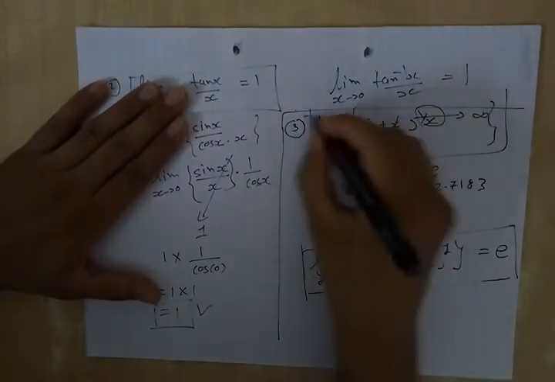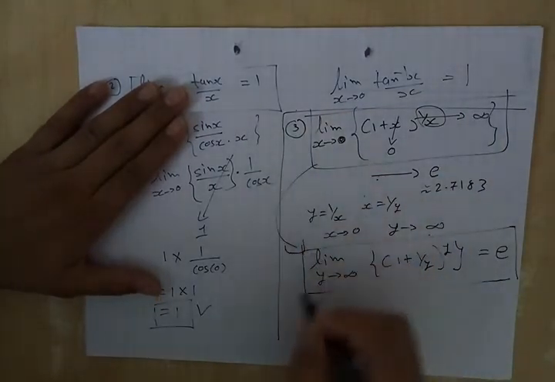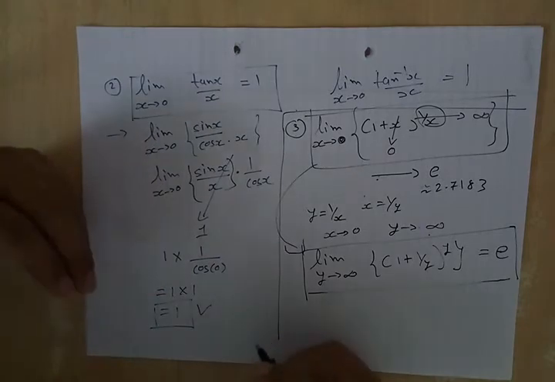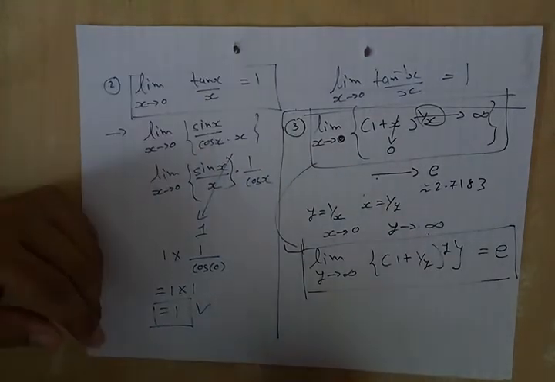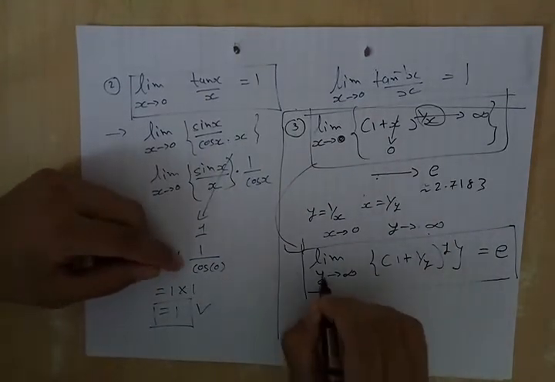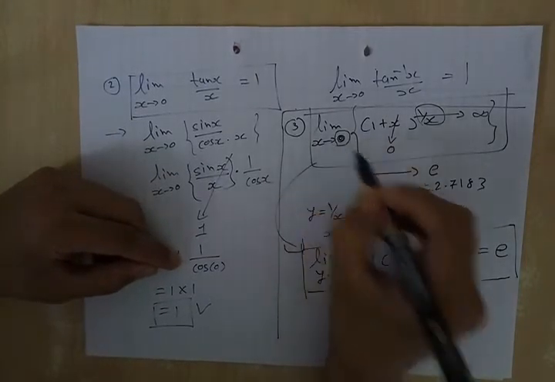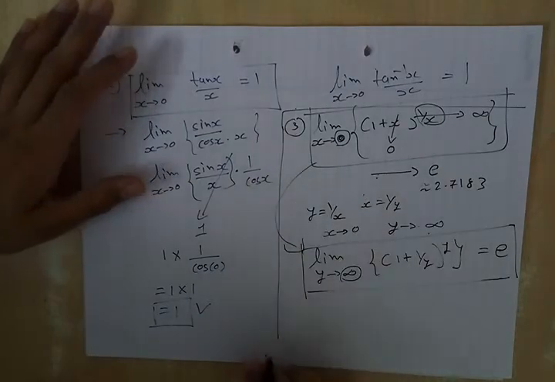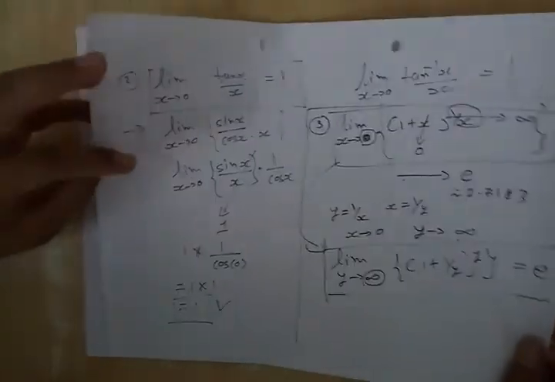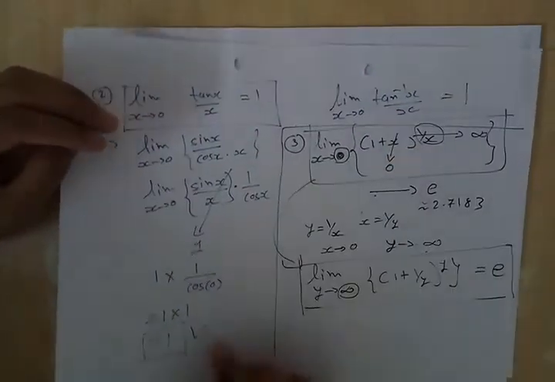These two are the same formula, but they look different, because here y approaches infinity, here the variable approaches 0. So they appear different, but their meaning is the same.